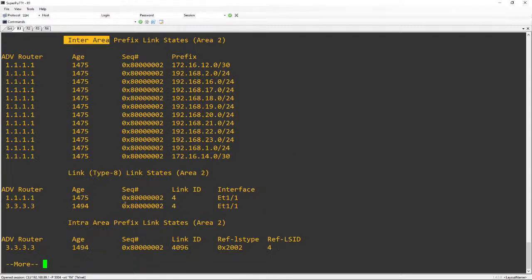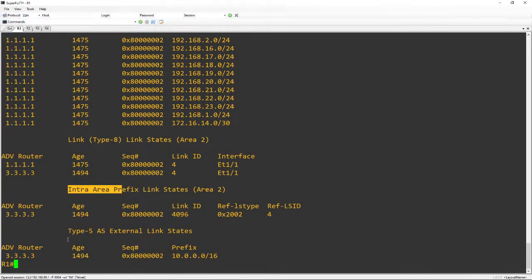These are my type 3s, which makes sense. These are all generated by the ABR. The ABR in our topology is router 1. These are my type 8s, which describe the link-local information. And then these are my type 9s.